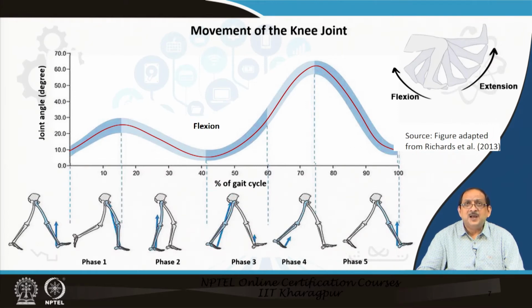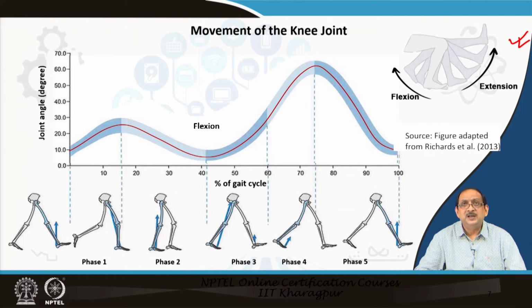Let us discuss the movement of the knee joint during the gait cycle and the variation of the joint angle during the walking cycle. On the right of this figure, you can see that the major movement of the knee joint, flexion and extension, is indicated.